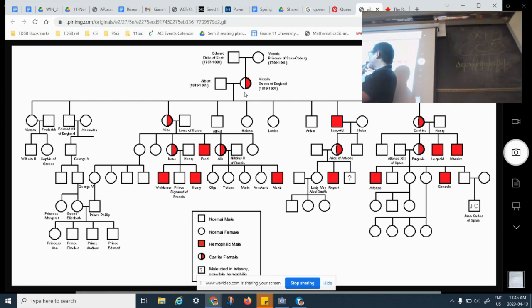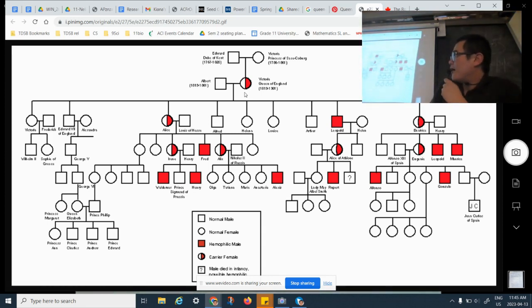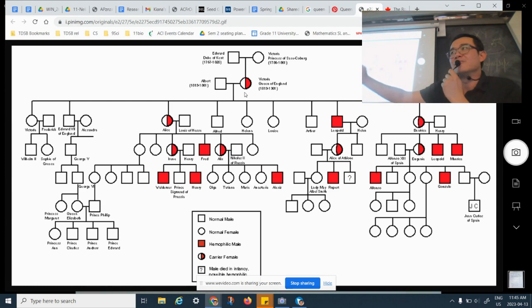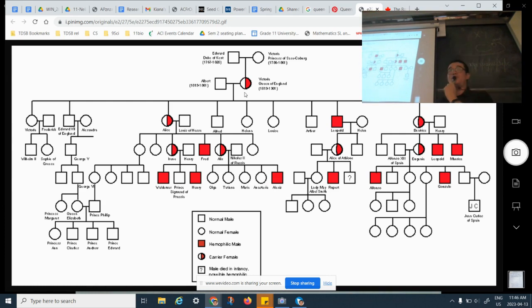And because of that, you have this, I'm not sure what the title is, Tsarevich Alexis, the youngest son, who had hemophilia, and that leads to the whole Rasputin story, and that might be one of the causes of the revolution in Russia.